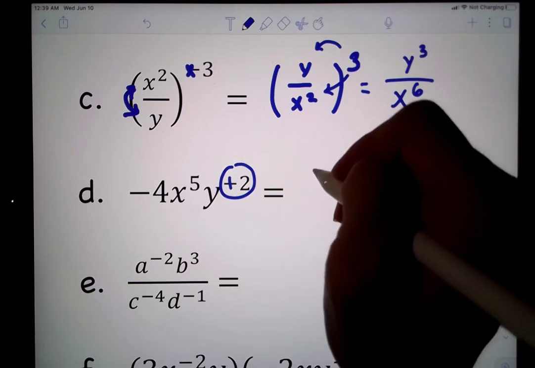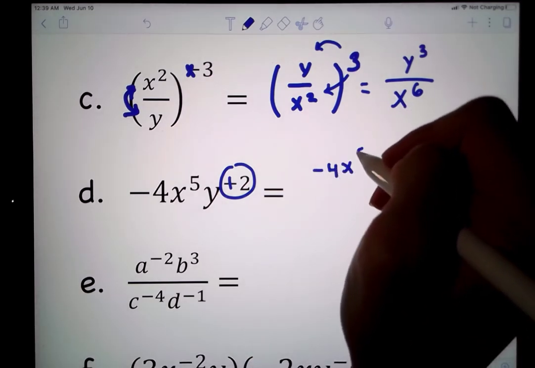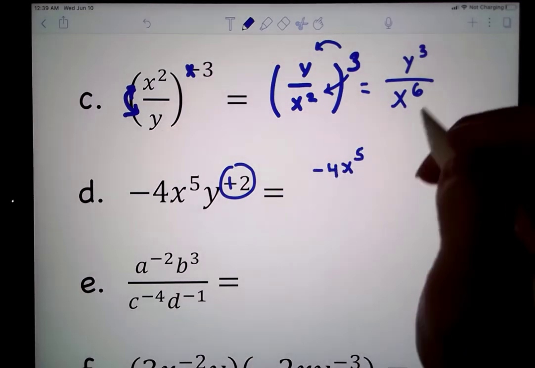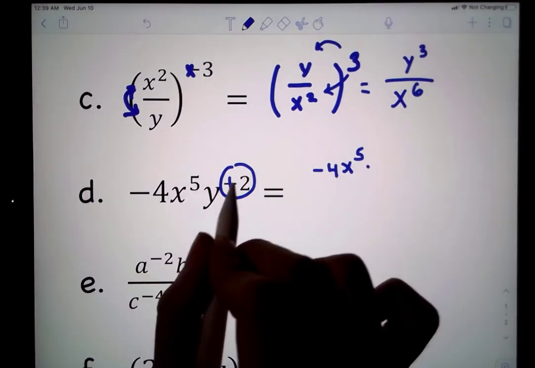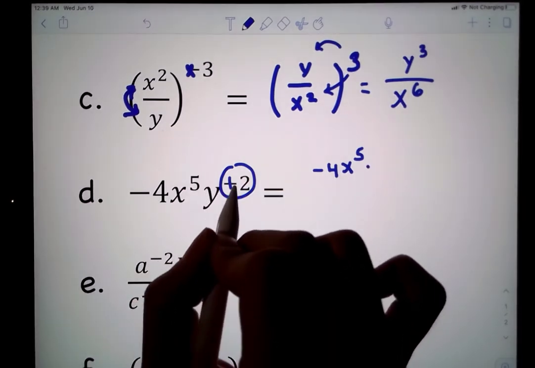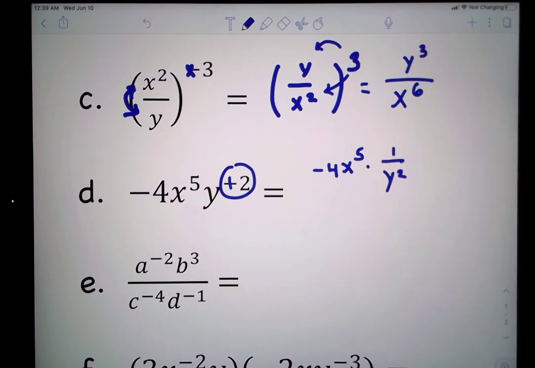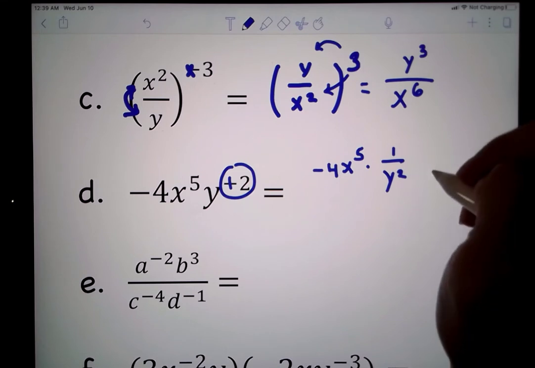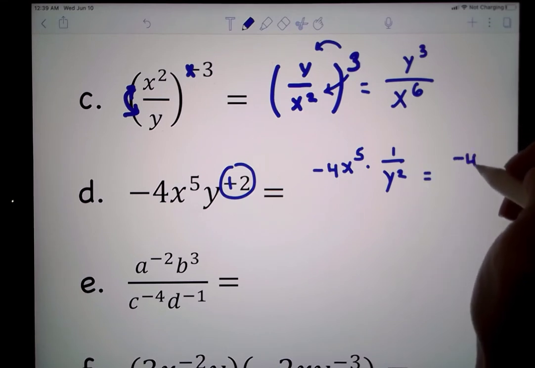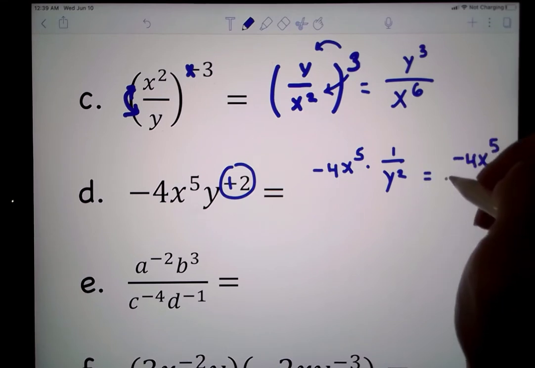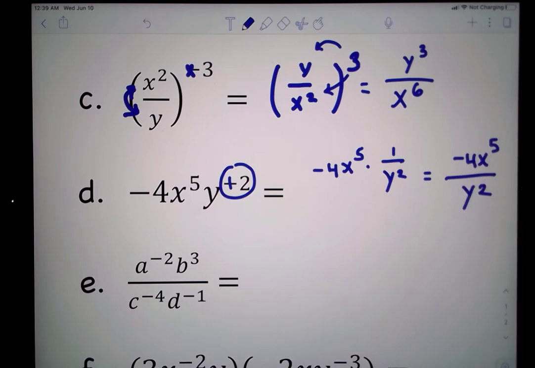Negative 4x to the 5th power, we can't do anything for that, but the last one, y to the negative 2 power, that will be 1 over y squared. So I can just write it negative 4x to the 5 all over y squared.